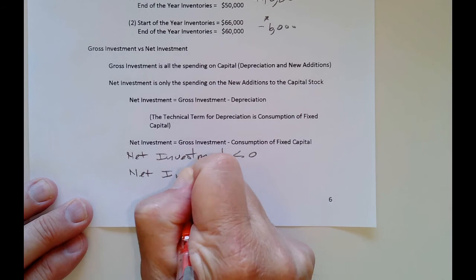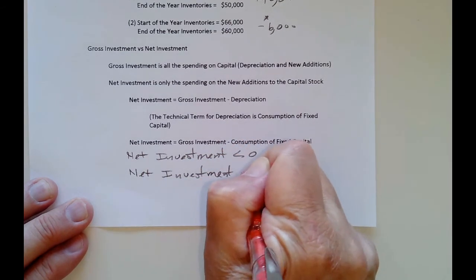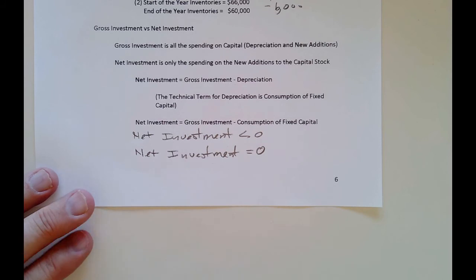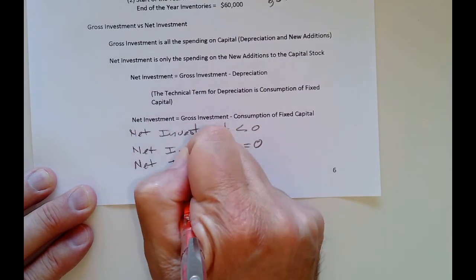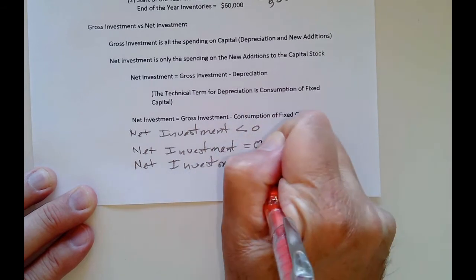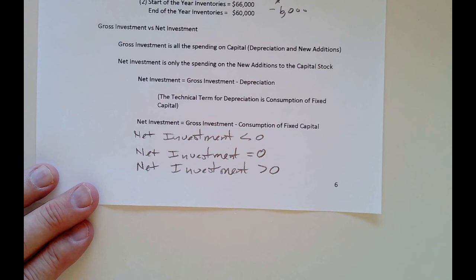If net investment is 0, then that means we had enough investment during the year in gross investment exactly equal to what we lost during the year in depreciation. And then if net investment is greater than 0, that means that we had more gross investment than we lost in depreciation.